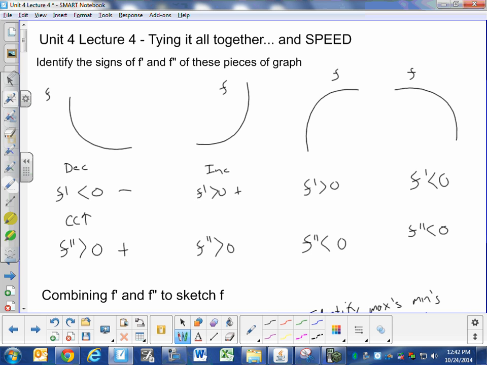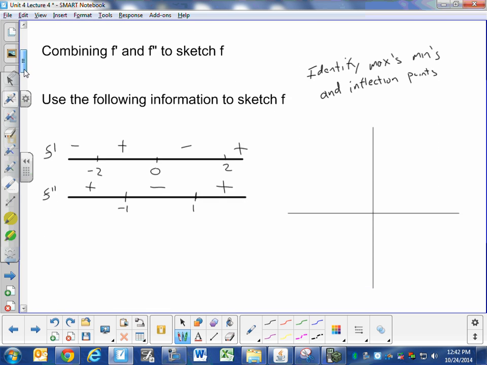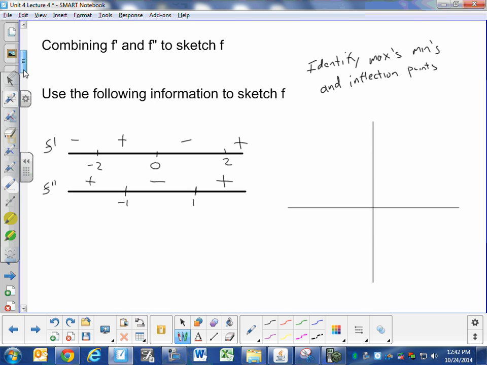All right. Well, understanding this, we can combine information about f prime and f double prime to sketch a really decent approximation of what f is going to look like. Now, where things are going to be located, we're not sure of that. It can be located anywhere, but at least we'll know what it'll look like.